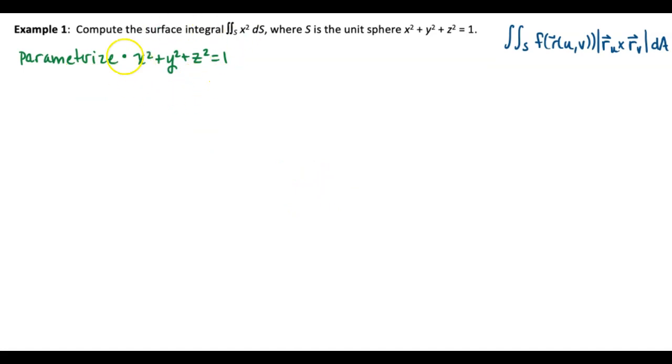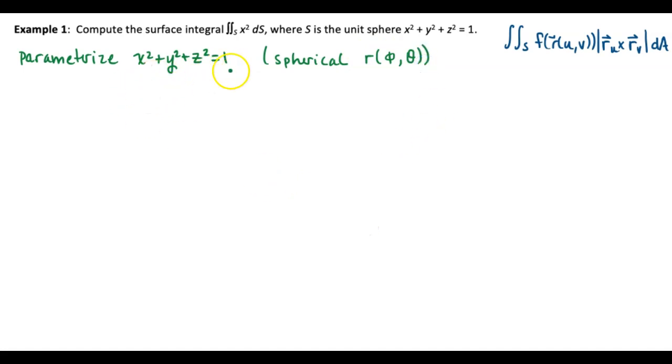Because we want to get this to be a function of two variables. Well, we know that this is a sphere, and so the best way would probably be with spherical coordinates. So because this is a sphere, we're going to use these spherical values to find r of some phi and theta.